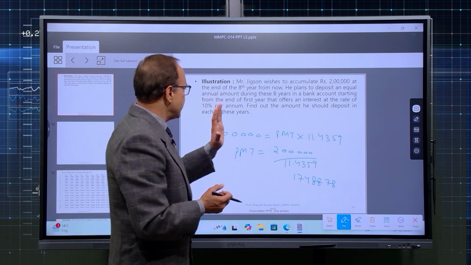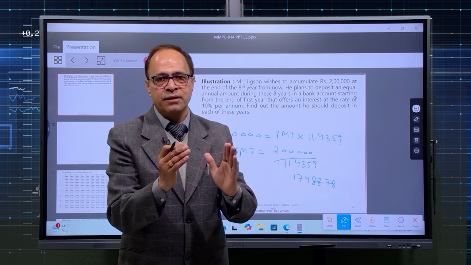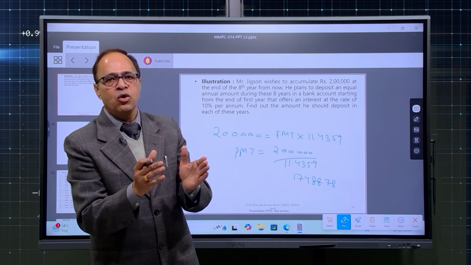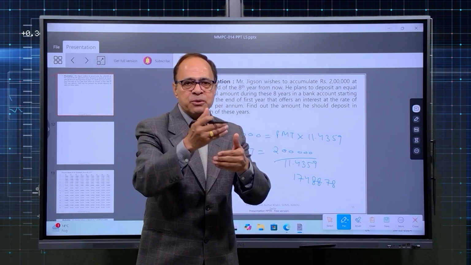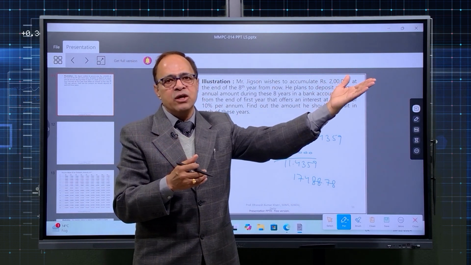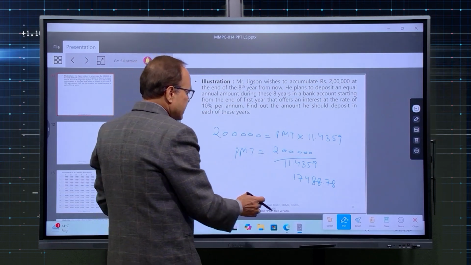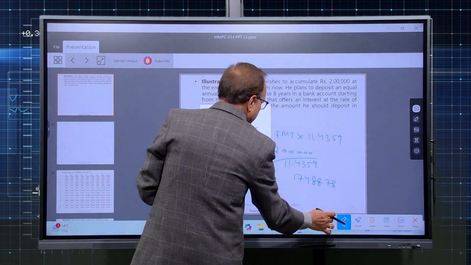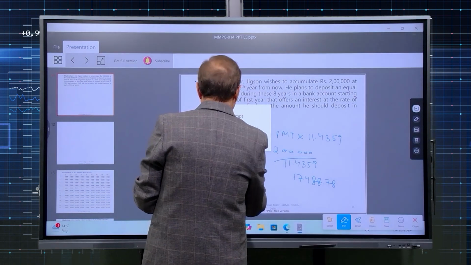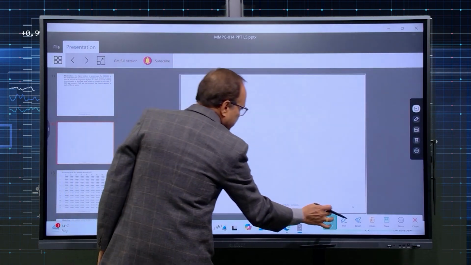Now, in this case he is depositing the money at the end of every year, but generally when we go to a bank and open such an account, we start depositing in the beginning of every year and reap the money at the end of the term of the deposit. So, how do we do that? Let us take the same example, and if it is deposited in the beginning of every year, what will be the future value factor?